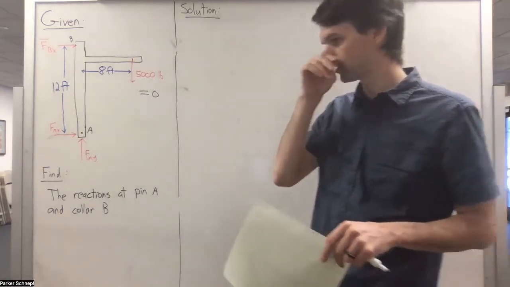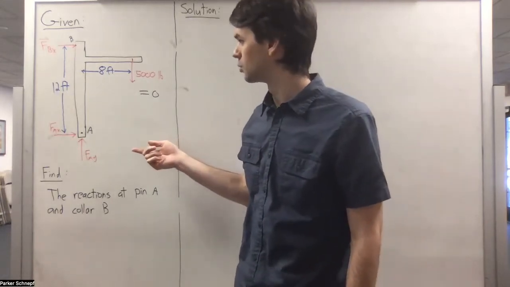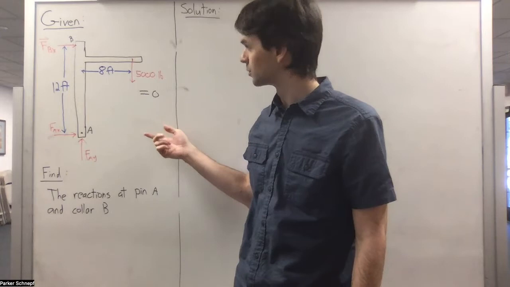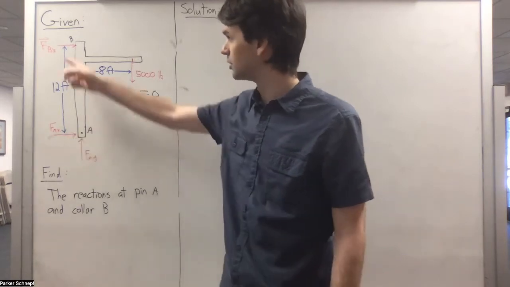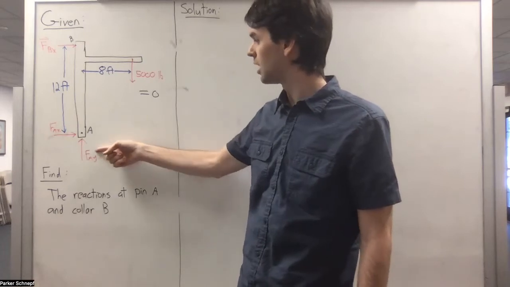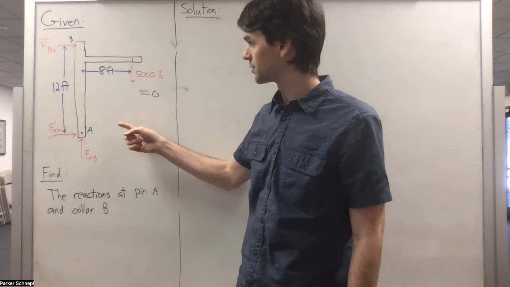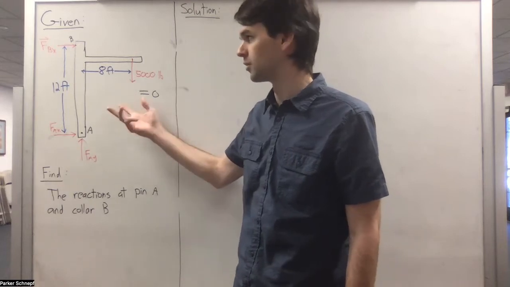We have a choice on where we want to start. We can start with the sum of forces in X. We have 2 unknowns in X, so maybe not ideal. We can start with the sum of forces in Y. We only have 1 unknown in Y, so that will work well. We also have the sum of the moments about a point.